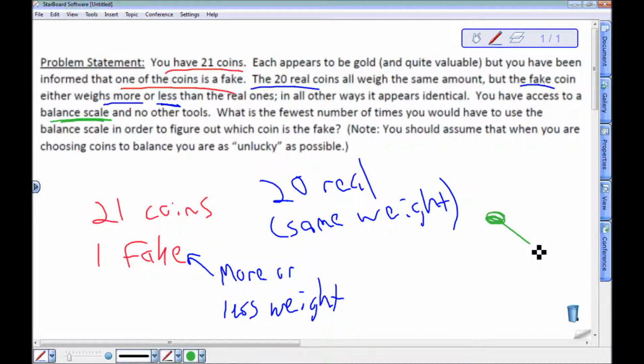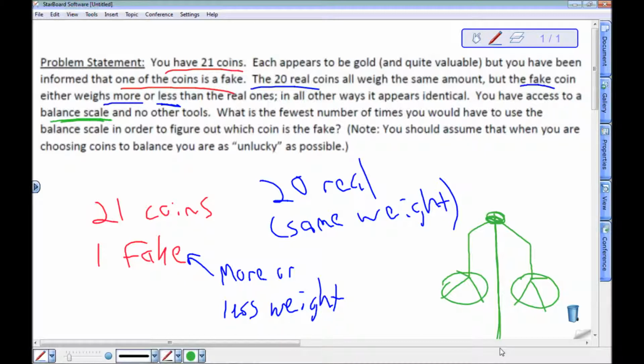It's the thing that looks like this, and it's got two bowls here. I can put things on those holders, and whichever side is heavier it will lean toward. So the scale doesn't give me any information like the weight of an individual thing. I can only use it to compare two sets of things.